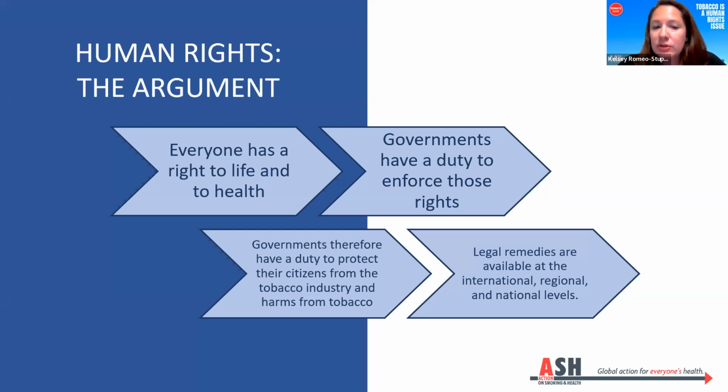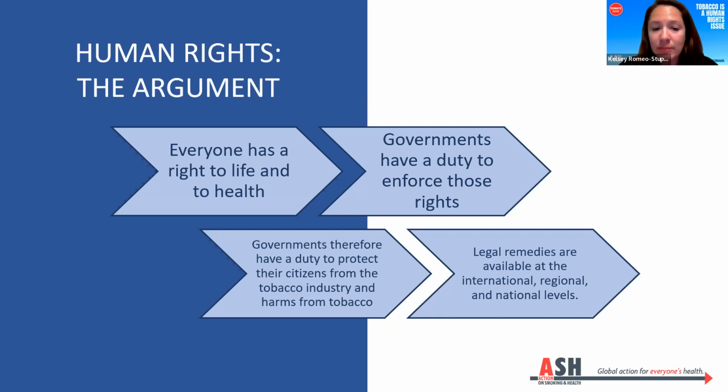So the argument for tobacco as a human rights issue is that everyone has a right to life and health. Governments have a duty to enforce those rights, and therefore governments have a duty to protect their citizens from the harms of the tobacco industry. When they don't, legal remedies are available.